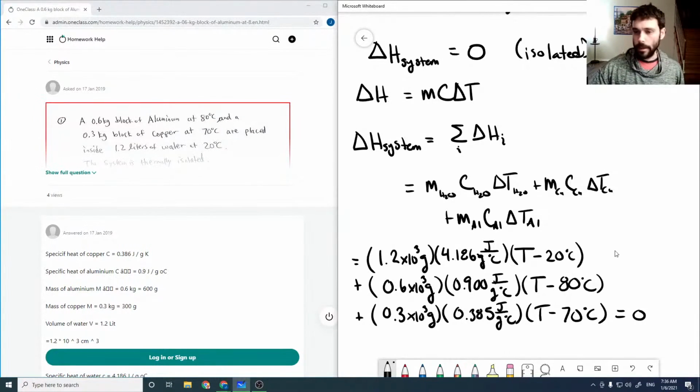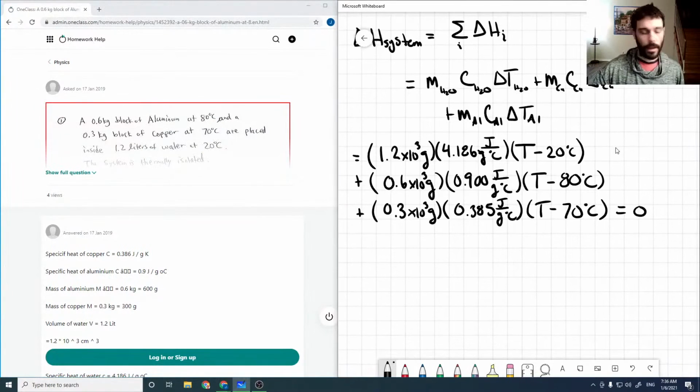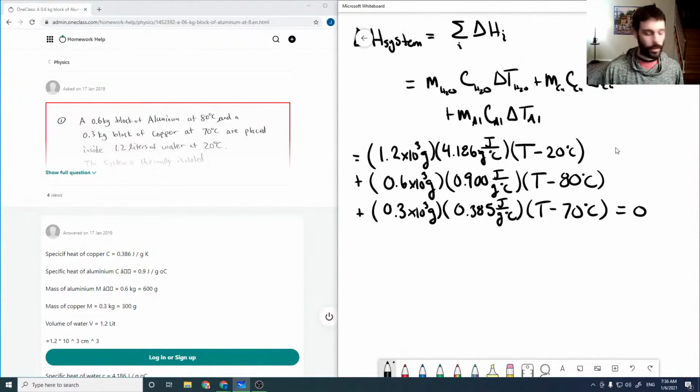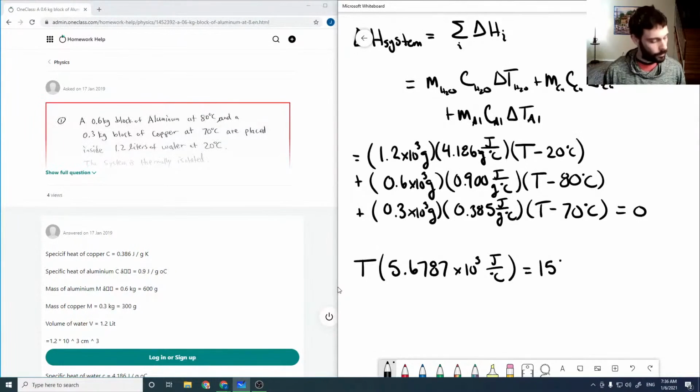Now we can collect some stuff and rearrange. I'm going to collect all the terms in T and do out all the relevant math. So what we end up with is T times 5.6787 joules per degree Celsius is equal to 151.749 times 10 to the 3 joules.